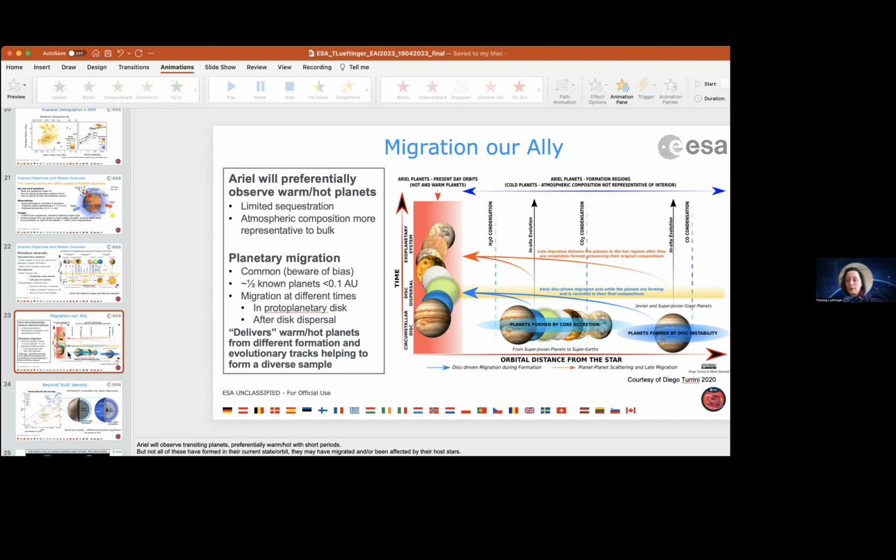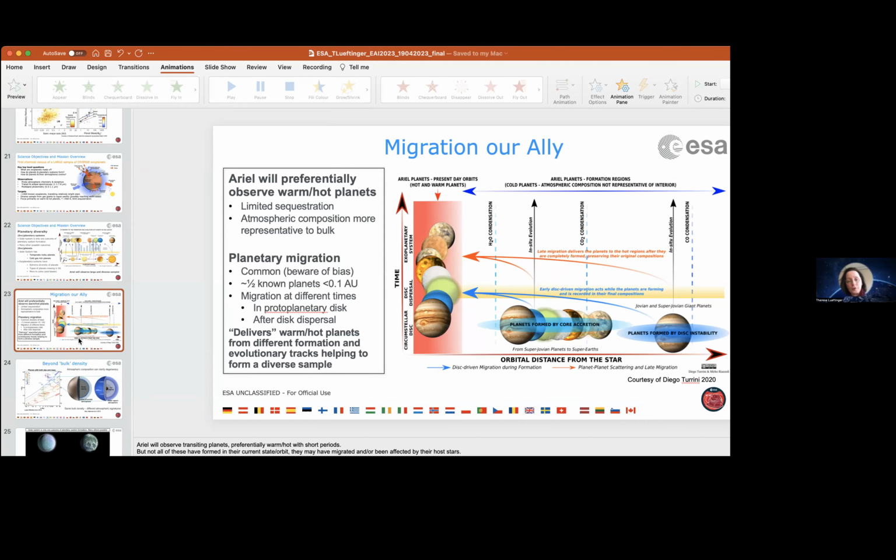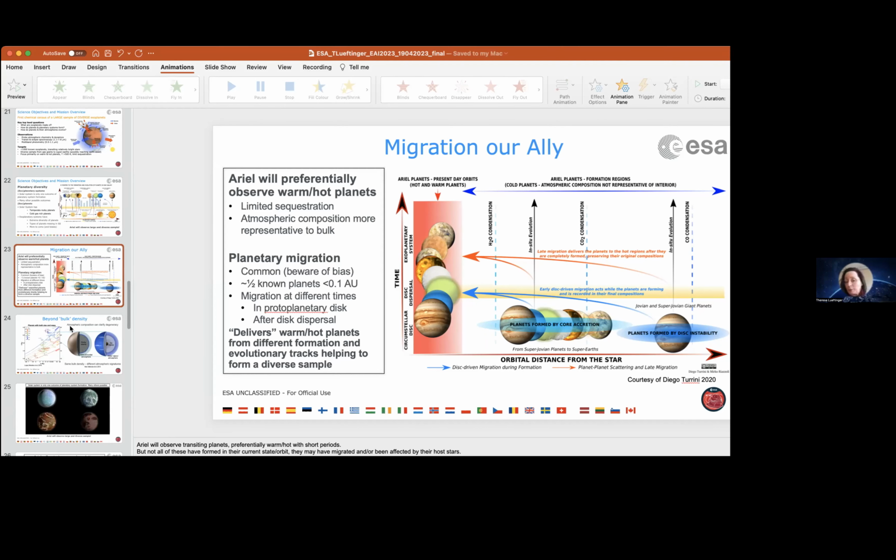But as soon as we can analyze their atmospheres, we see more about their chemistry, and we might be able to tell if the planet has formed further out in the disk and then migrated inwards, or vice versa. So there is also a lot of very exciting information we can get on where exoplanets have formed in the system and how they have migrated in the end. There was a lot of migration happening in the solar system in the past, very likely as well.